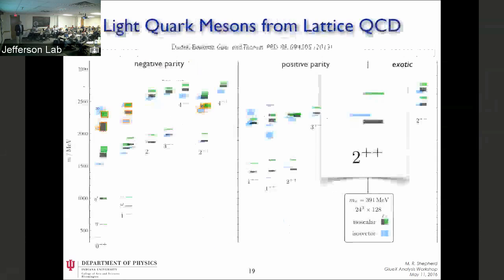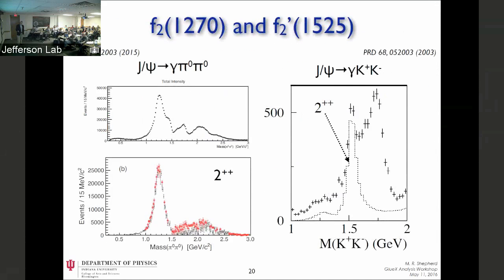And so to make my point about these 2 things here, you see these 2 states. One here, the f2 1270, and the f2 1270 right here, and then the f2 1525, this really big dotted piece, is here. And you see that the f2 prime 1525 decays dominantly into K plus K minus. There's very little f2 1270 decaying into K plus K minus, but the converse is true for pi 0.